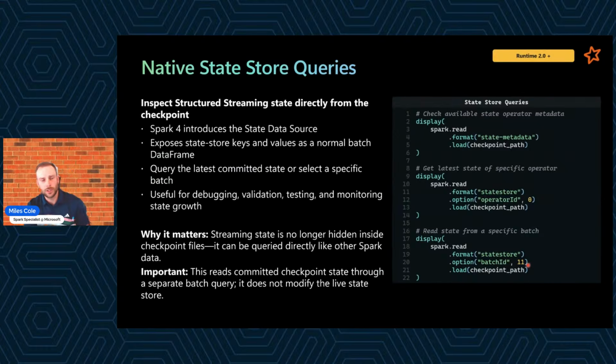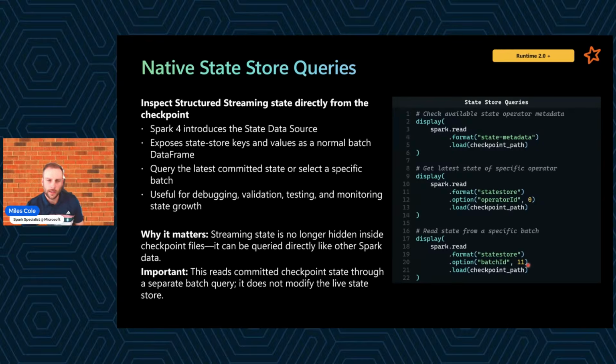Now, from an observability perspective, there's a bunch of smaller quality of life things that have been added in this area. There's a new PySpark native logger so that you can have structured logging out of the box. There has been a lot of refinement to error messages and the stack trace that's shown.